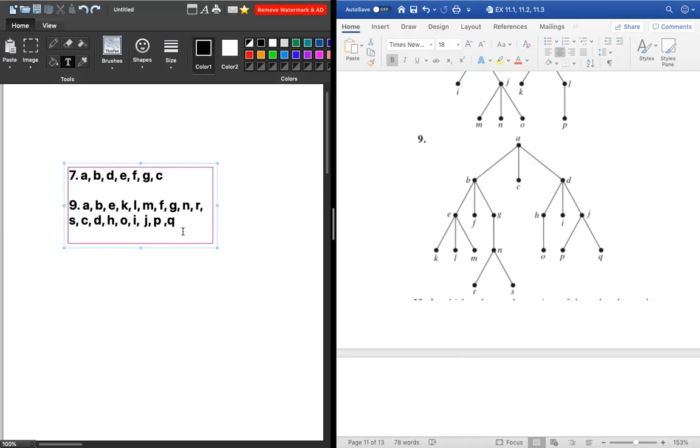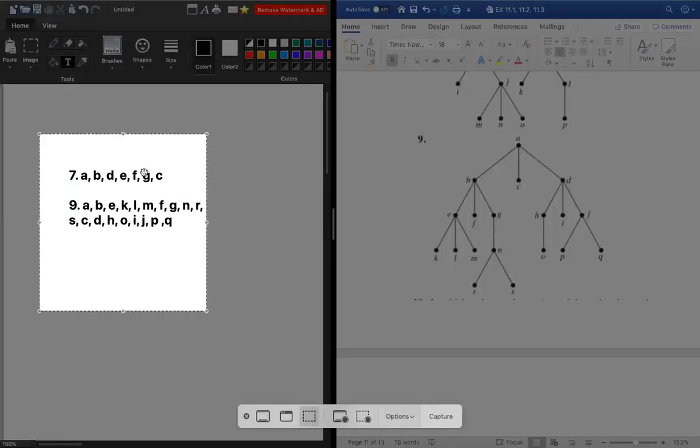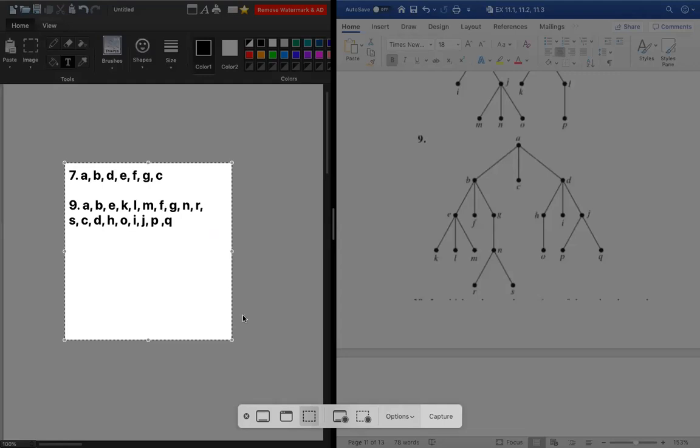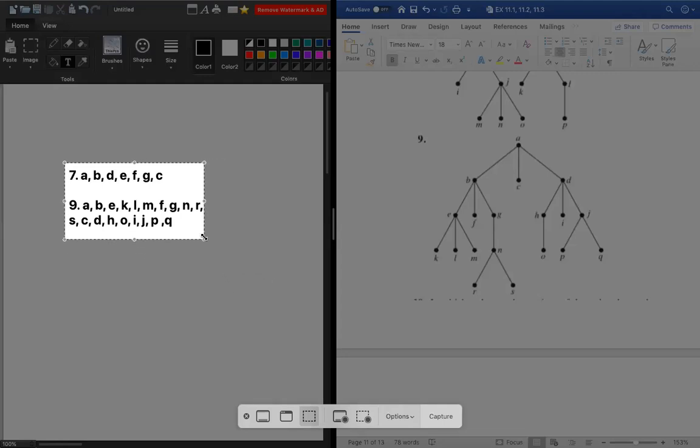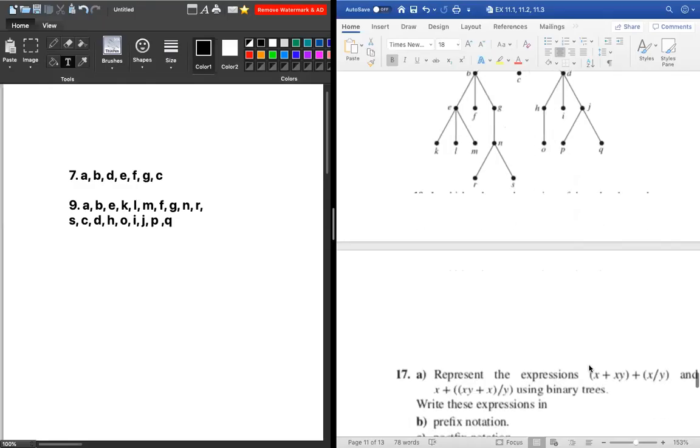Okay. So in that fashion, we will basically be doing the pre-order traversal of these trees. I'll just take this, and I'll put it here.